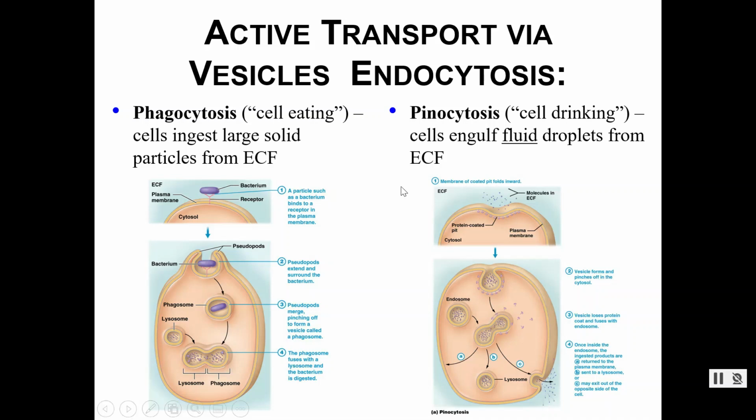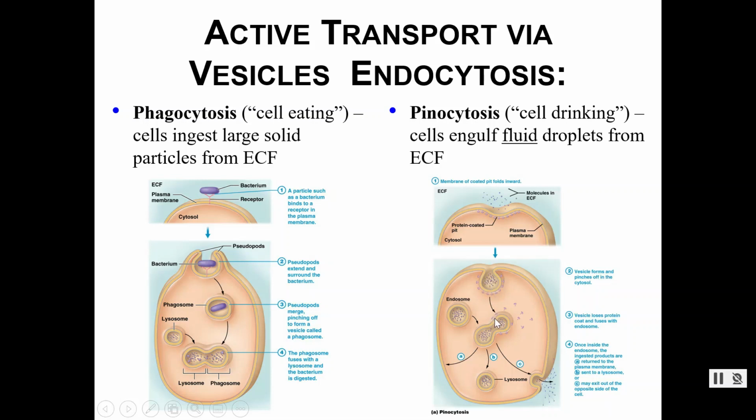Now, pinocytosis is cell drinking. Instead of engulfing solid particles, now we are going to engulf fluid droplets, molecules that have been dissolved in the extracellular fluid. So we're going to surround all of these little particles. We've still formed a vesicle. Whatever these are, these could be nutrients or hormones, all kinds of good things.